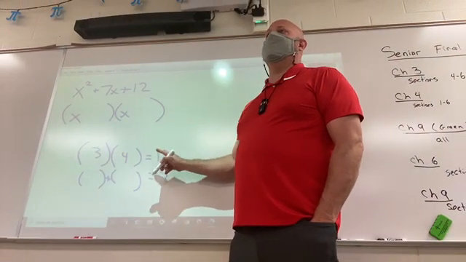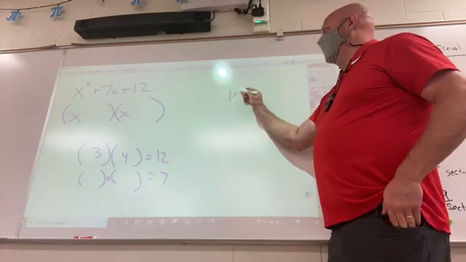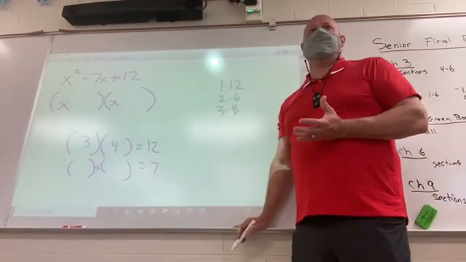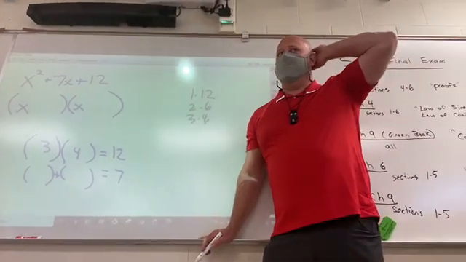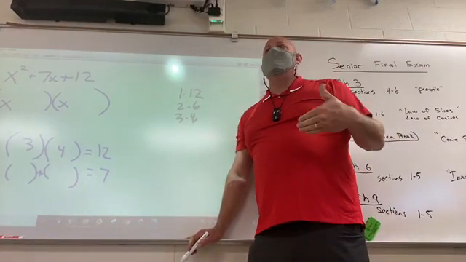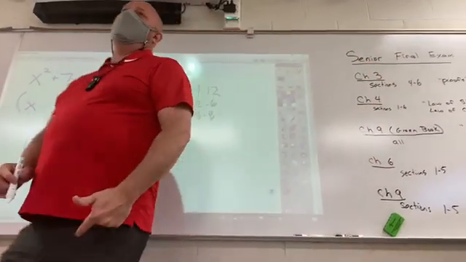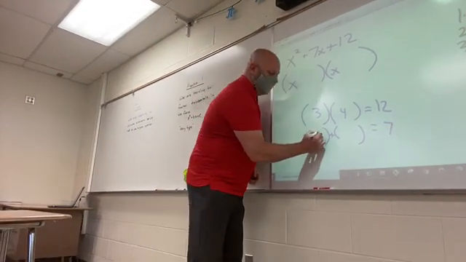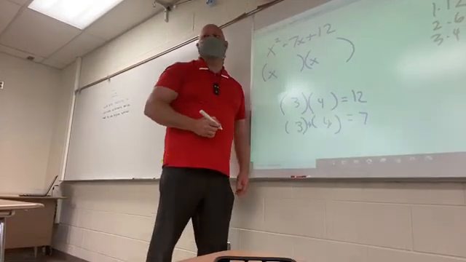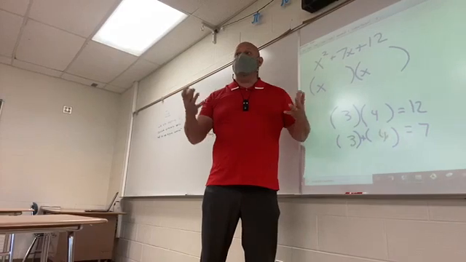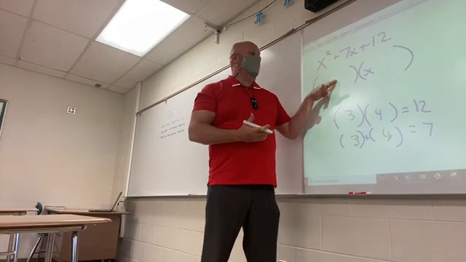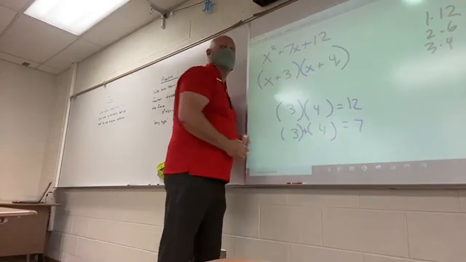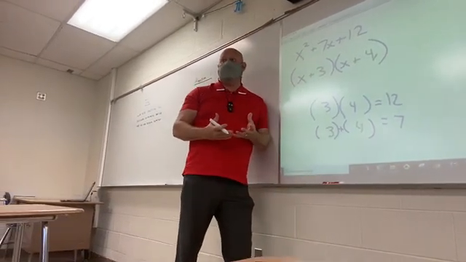What are some different ways to get to a 12? 1 times 12, 2 times 6, and 3 times 4, right? That's what you're doing in your head. You're saying, what are all the different ways to get to a 12? Then you're also saying, out of that list, which of those also add up to 7? So now we're saying the answer is x plus 3, x plus 4. And that is the correct answer.